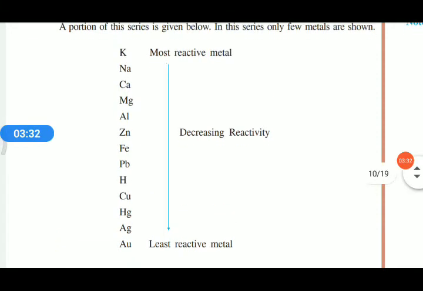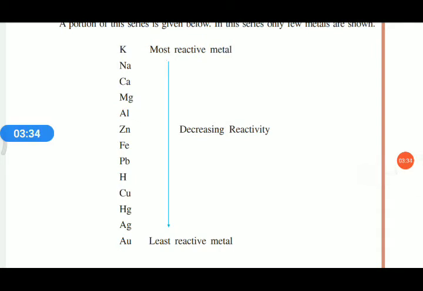This arrangement from potassium to gold is known as the activity series or reactivity series. The most reactive metal is potassium, represented by K, and the least reactive metal is gold, represented by Au. This series is known as the activity series or electrochemical series.